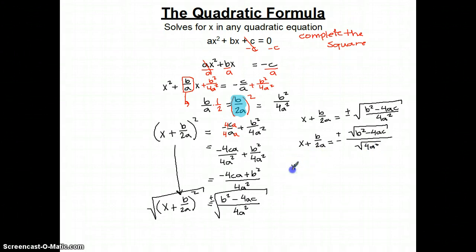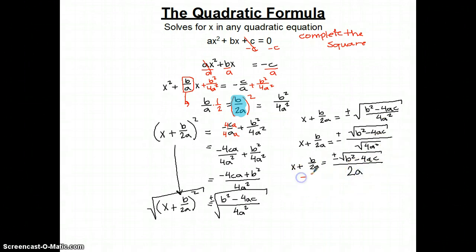This becomes x plus b over 2a equals positive or negative square root of b squared minus 4ac all over, the square root of 4 is 2, and the square root of a squared is just a.